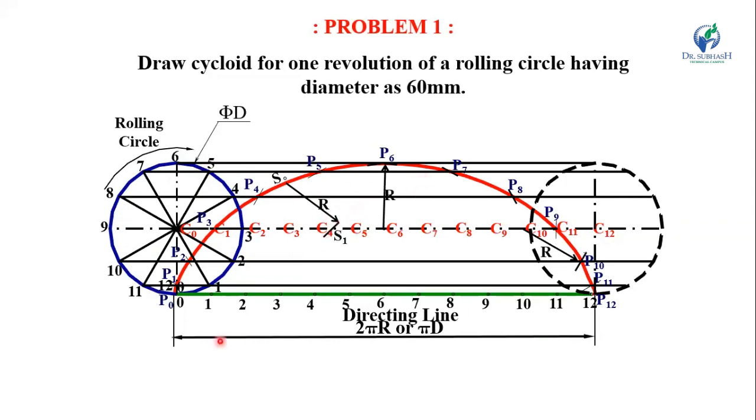Now from point S1, draw a line perpendicular to the center line and it will intersect the directing line at point N. Now join N with S. This N is the normal, and another line drawn perpendicular to the normal, passing through point S, is known as the tangent. So this is known as a cycloid.